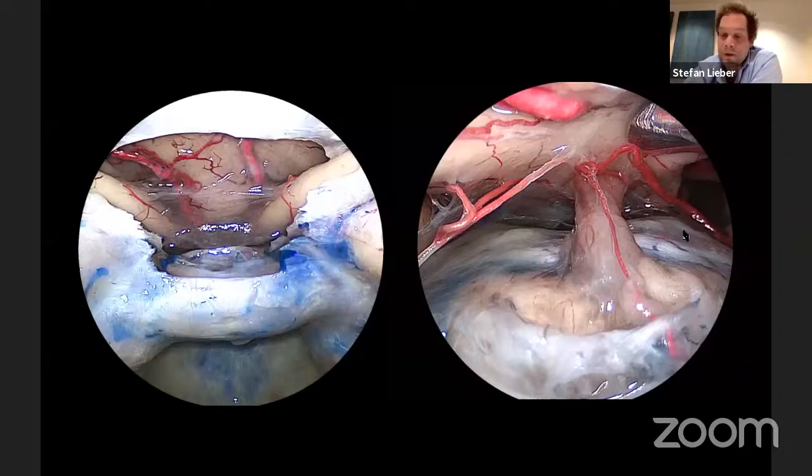These are the vessels at risk in surgery just underneath the chiasm, which are protected in this stage, for example, for medial tubercular meningioma, which is externally located between the arachnoid and the dura.